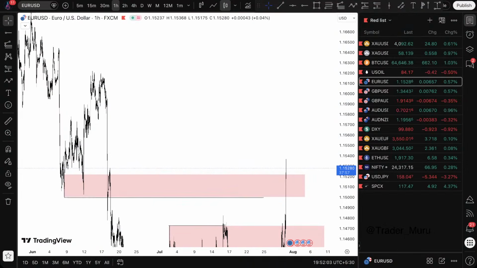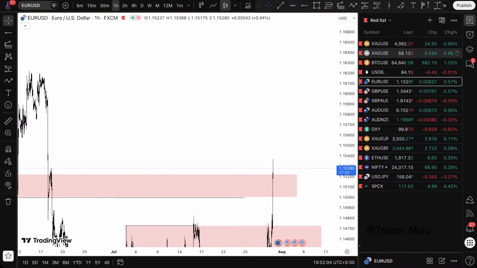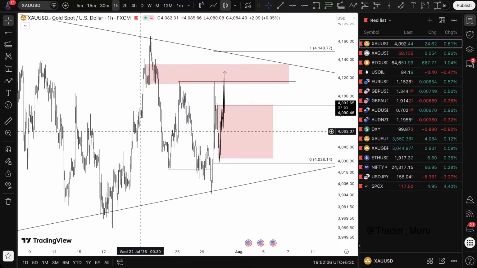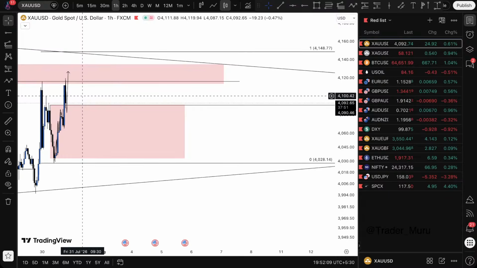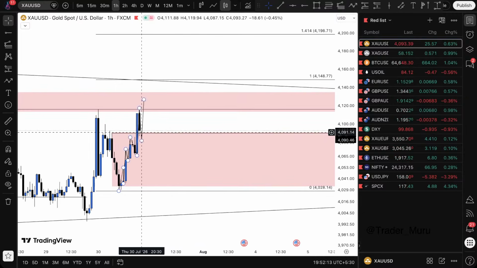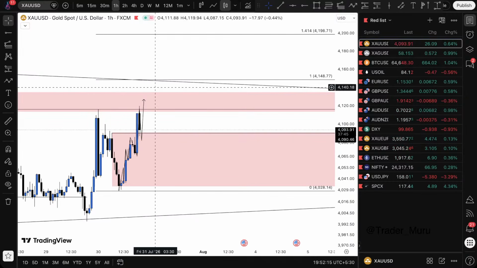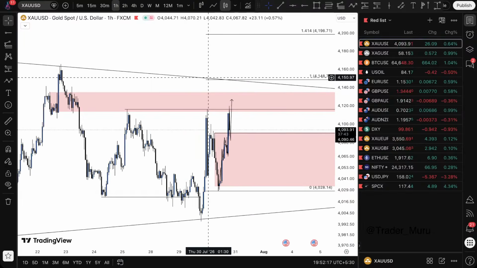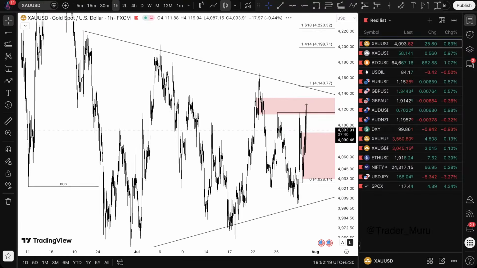So JPY is getting stronger. Price will hold this area, then we will have another pump. Price will test the upper trend line. From there, we may get a short entry.